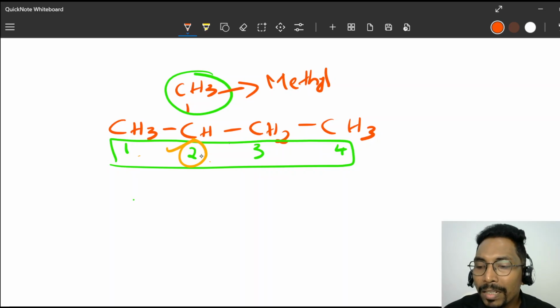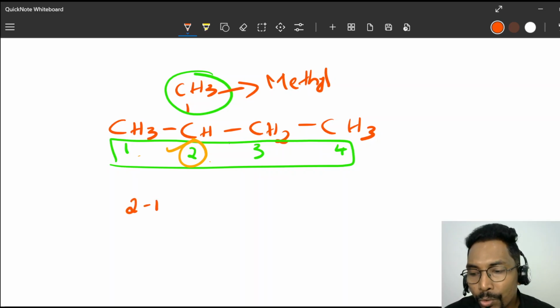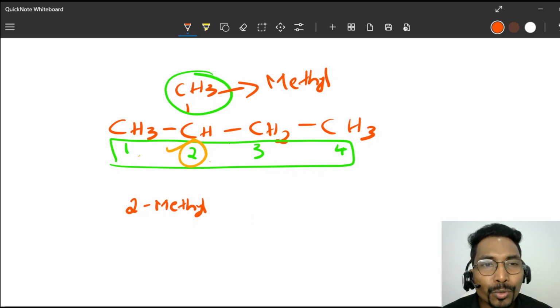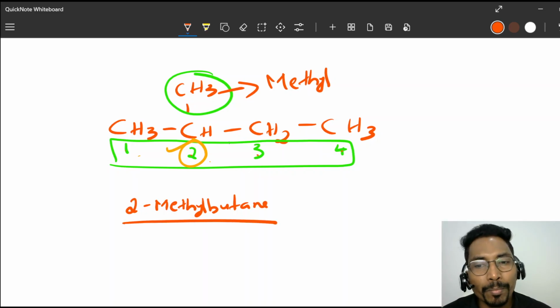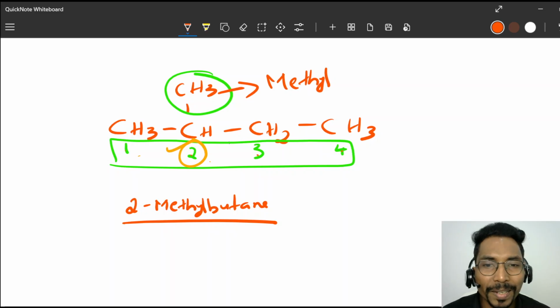And the branch is on the second carbon, so 2-methyl. Then how many carbons are there in the parent chain? Four carbons, so butane. 2-methylbutane. Clear? I hope all of you are clear.